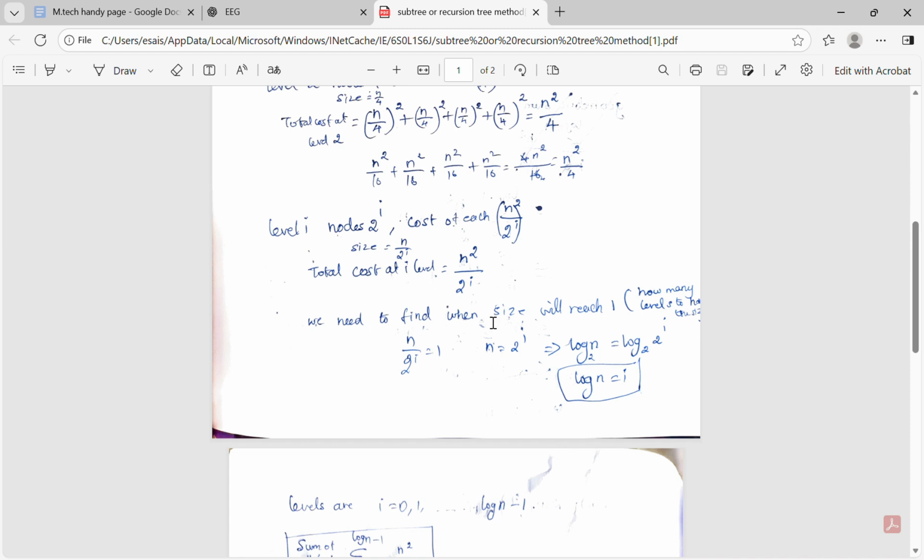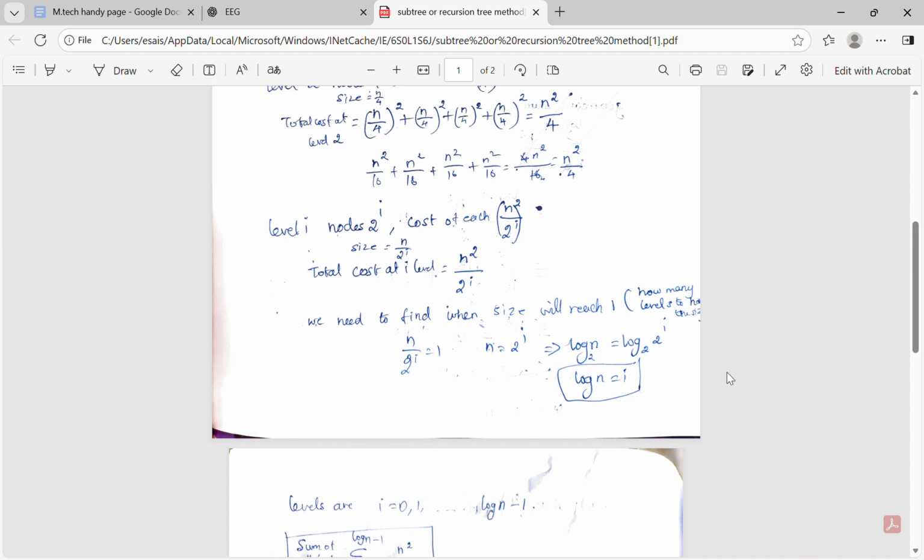Then we need to find when the size will reach 1. For that, the size is n by 2 power I. If it is equal to 1, then n equals 2 power I. If we take log on both sides, log n equals log of 2 power I with base 2. When the log is like this, we can write it as I alone.